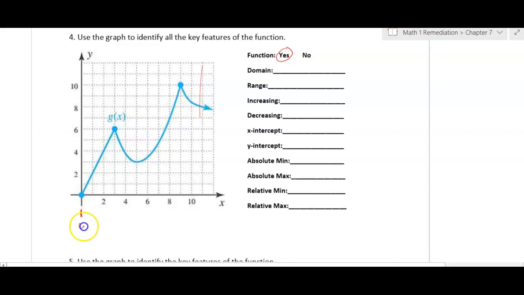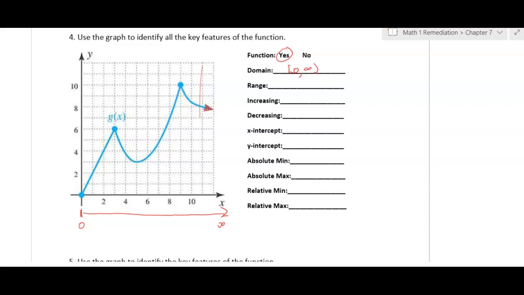Well, it starts at 0 and it goes all the way. And this arrow tells me it's going to continue going to the right forever and ever. So the domain starts at 0, and it's a square bracket because we're equal to, and it continues to an x value of infinity because it never stops going to the right.